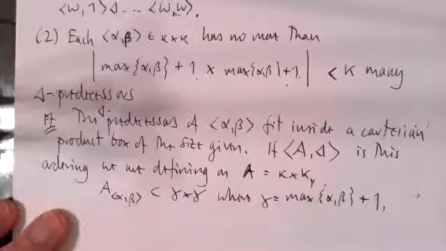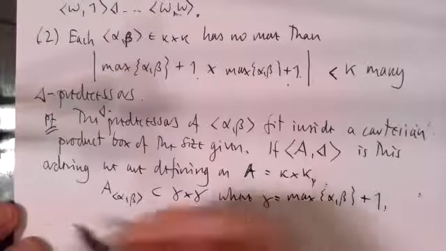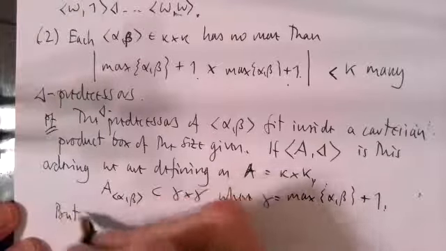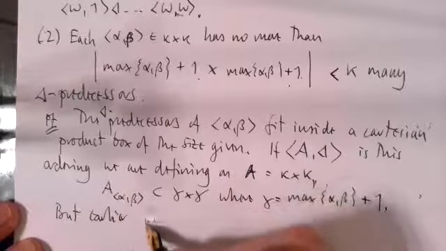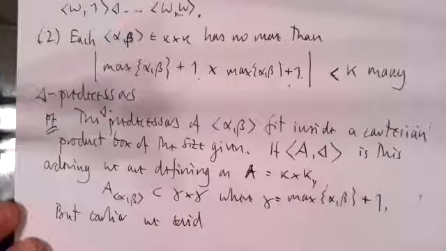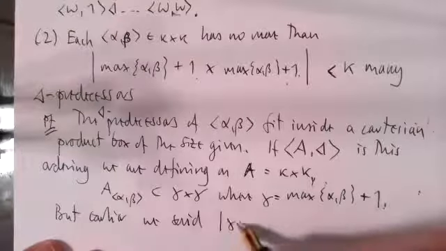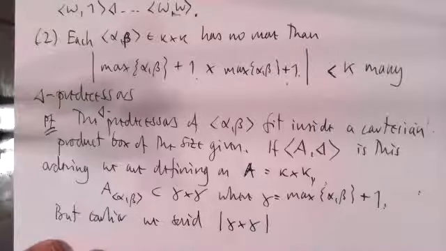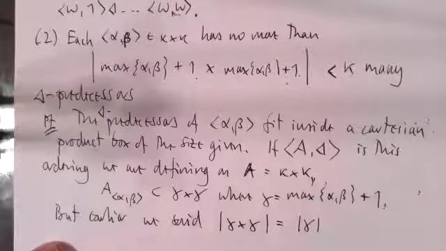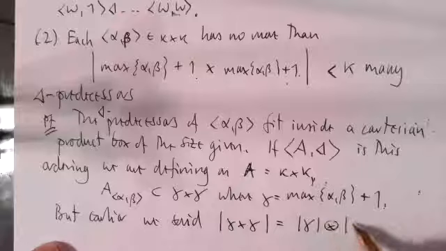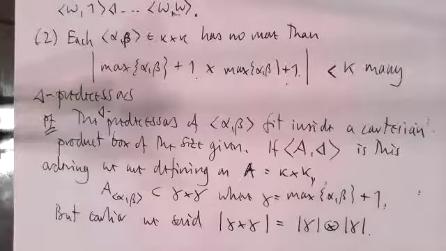Now, we made a remark earlier. We said that the cardinality of this Cartesian product ends up being this cardinal multiplication, gamma times gamma. And it's there in the notes.